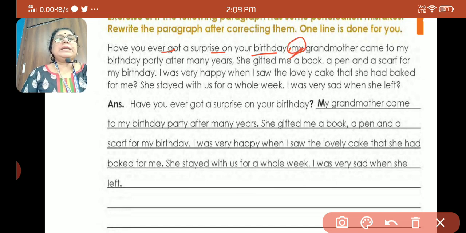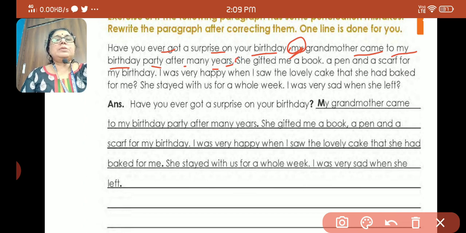I'm just underlining it so that we can make the changes there. My grandmother came to my birthday party after many years. After many years, what will come? It should be a full stop, right? So I've put a dot over here. So let's see.